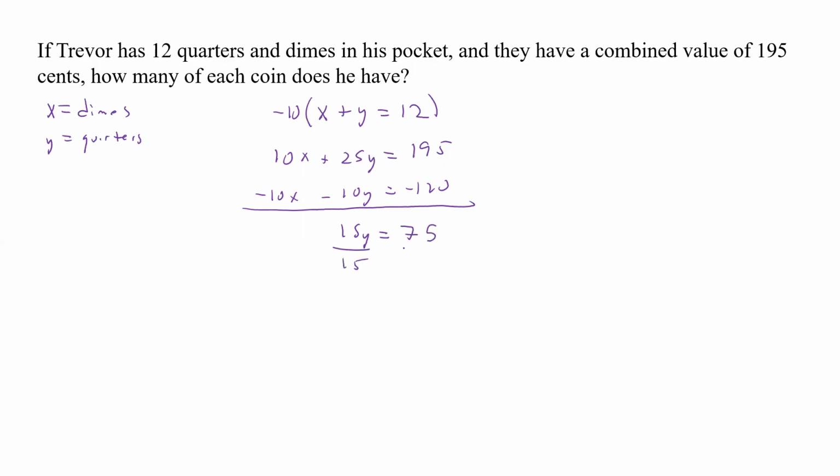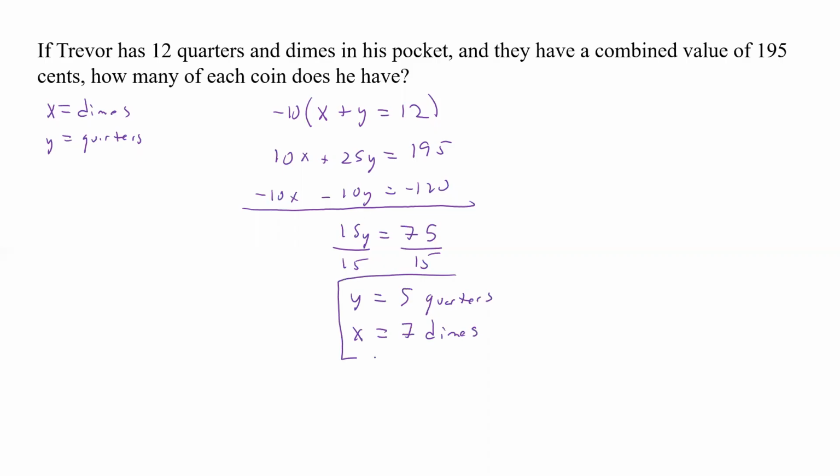Divide by 15, and so y is equal to 5, and y is quarters. And x is equal to dimes, and we know that if we put 5 quarters here for y, if we subtract 5, we get x equals 7 dimes.